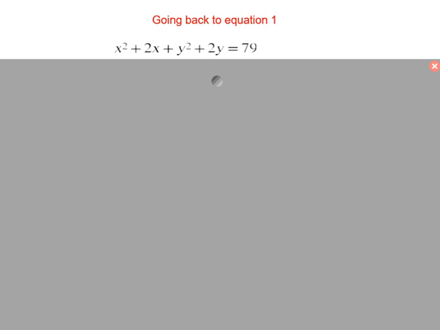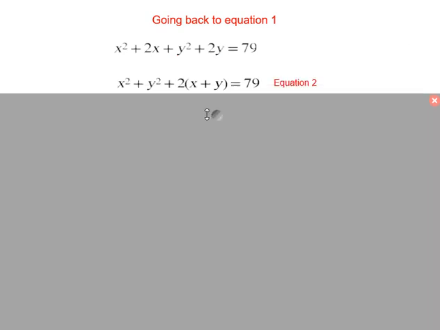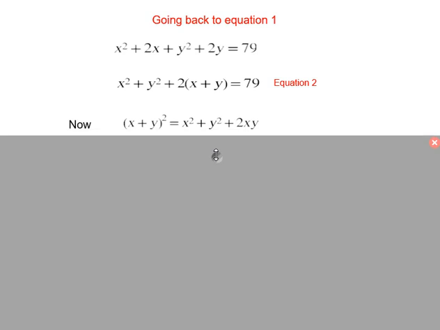Going back to equation 1, I just rearranged it a bit. So x squared plus y squared plus 2x plus 2y, which is 2 into (x plus y), equals 79, equation 2. Now I tried a bit of lateral thinking, I suppose, and I remembered that (x plus y) squared is x squared plus y squared plus 2xy.